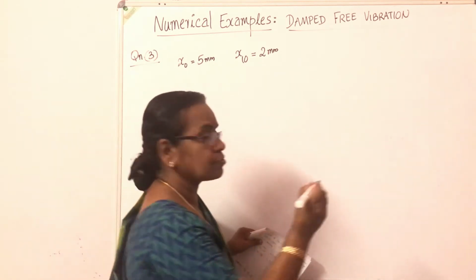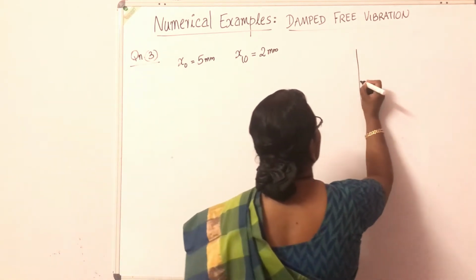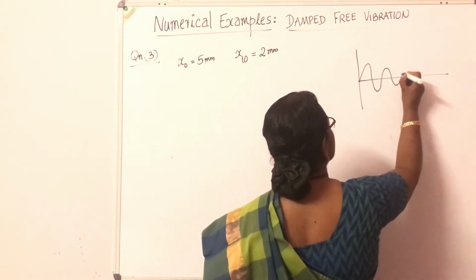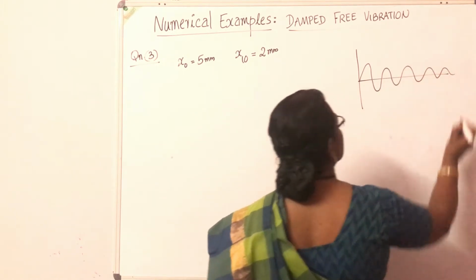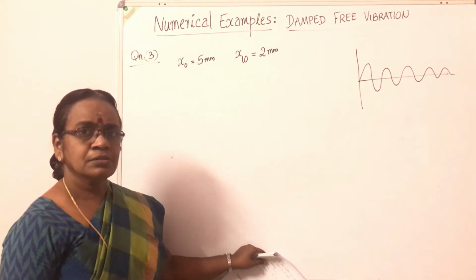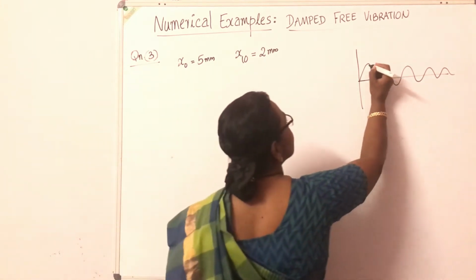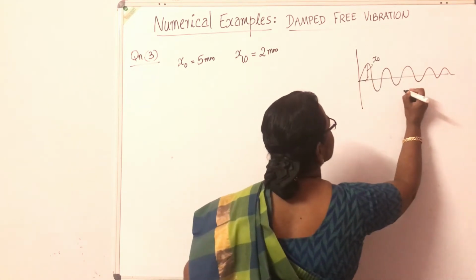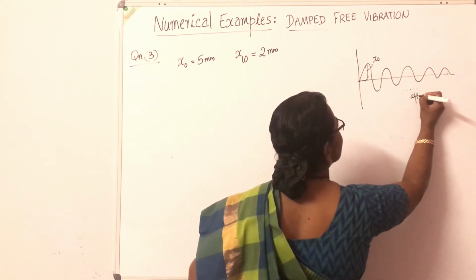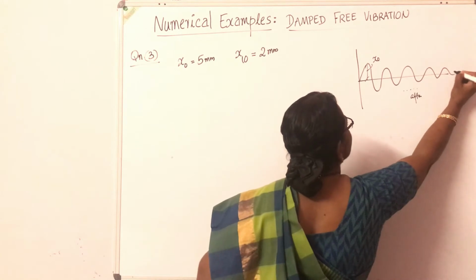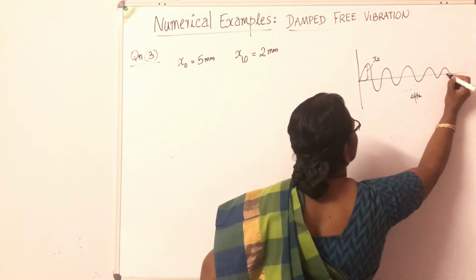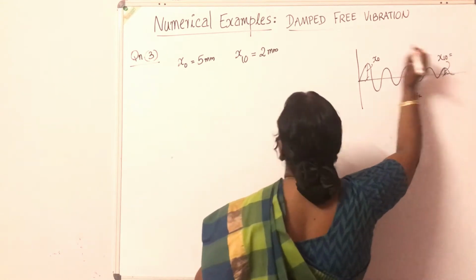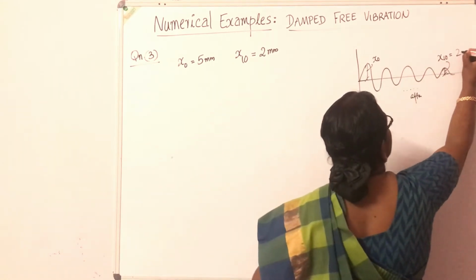We have seen in the case of an underdamped system, the amplitude of vibration goes on reducing with time. If the first one is x0, after 10 cycles, let it be x10, it becomes 2 millimeter.